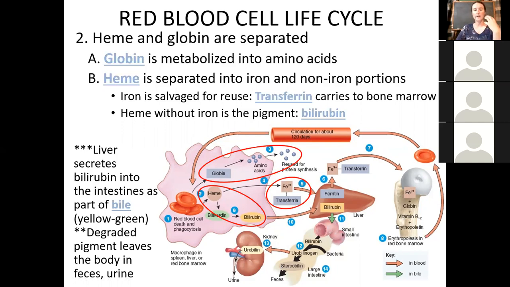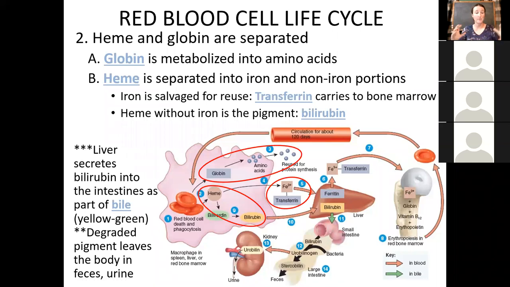Also, this pigment, through a process we'll talk about later this semester, can also be eliminated from the blood by the kidney. Again, bilirubin has this yellowish tint to it, and so when this bilirubin derivative is released by the kidney in the urine, it also gives the urine that yellowish tint as well.